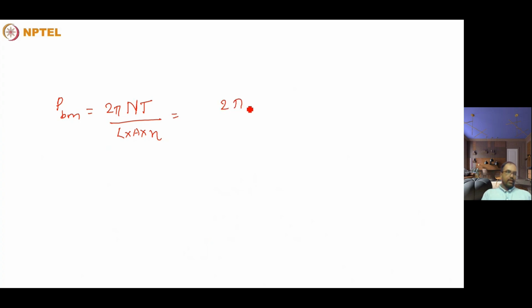So 2 pi into N, where N is equal to RPM. This is cycles per minute.